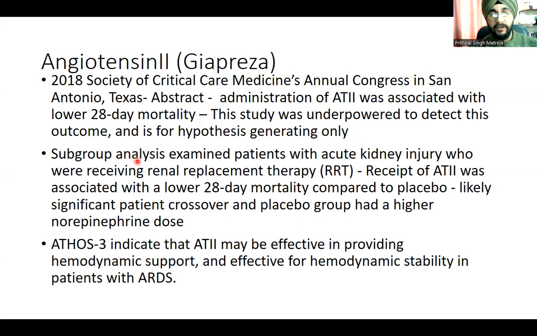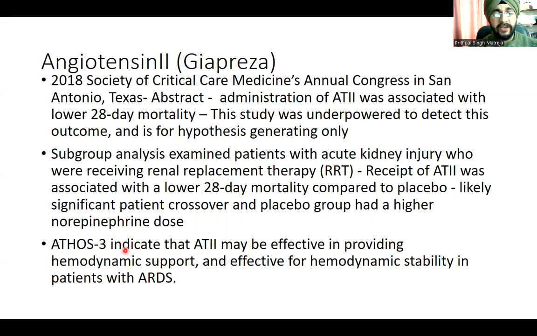Another study, more of a subgroup analysis, examined patients with acute kidney injury who were receiving renal replacement therapy. It found that receipt of angiotensin 2 was associated with a lower 28-day mortality as compared to placebo. When details were sought, there was likely significant patient crossover, and the placebo group had a higher norepinephrine dose. So again, this was only a hypothesis-generating study.